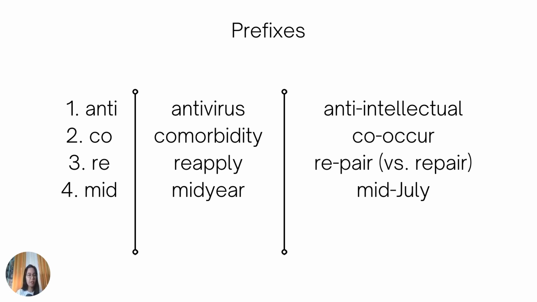Although repair is a base word, it does not use a prefix. So that is precisely the reason why you need to put a hyphen, to differentiate between the first one, re-pair, meaning to pair again, and the next one, which means to fix.